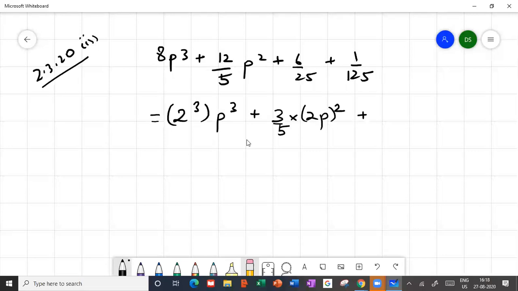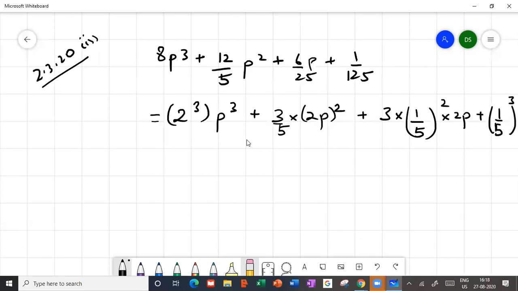And this, again I can take 3 out, into 2p into 1 by 5 whole square. Oh yeah, I forgot p here. 3 into 2p plus 1 by 5 cube. Correct?